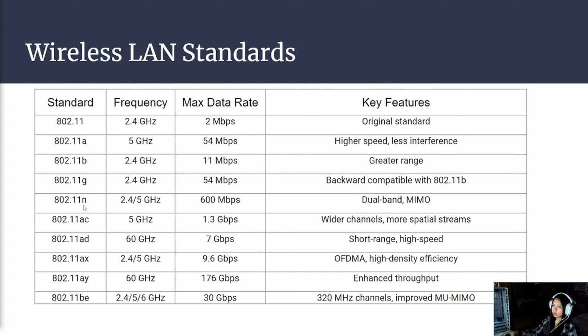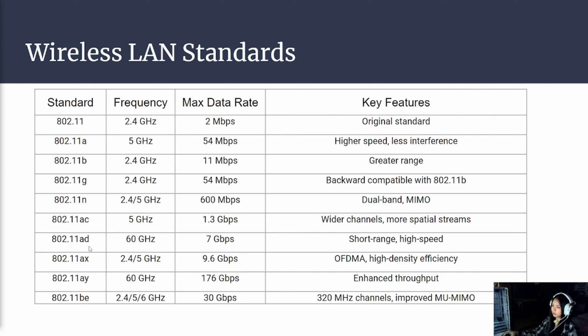802.11n operates in 2.4 and 5 GHz, with a max data rate of 600 Mbps. Its key feature is it is dual band and has multiple input and multiple output. The 802.11ac standard operates in the 5 GHz frequency. Its max data rate is 1.3 Gbps. Key features are wider channels and more spatial streams.